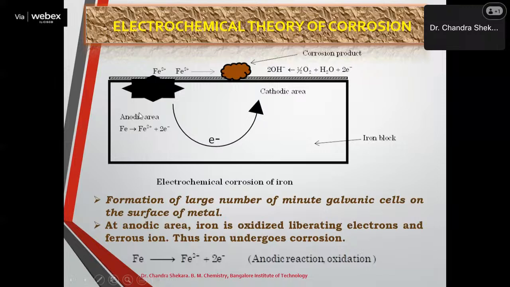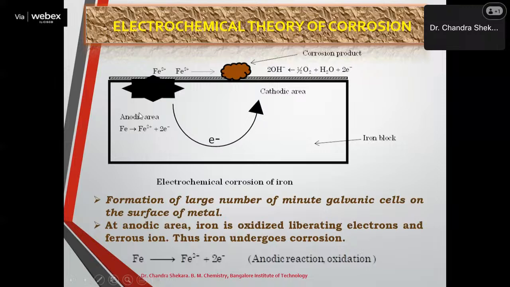This anodic area is very similar to the anode what we see in the galvanic cell. So in the galvanic cell also, the basic reaction that occurs is a redox reaction. And there at anode oxidation occurs, and anode is having lower potential.